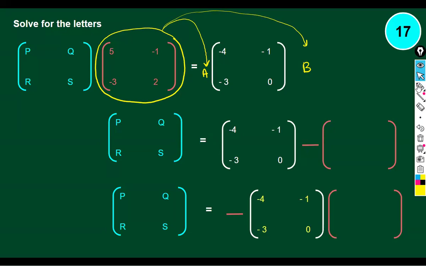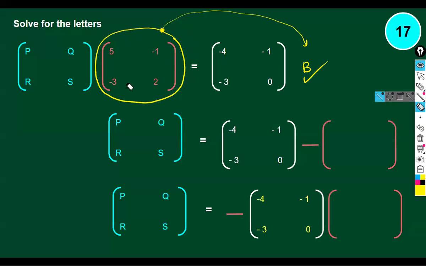So if I am throwing across the red matrix, it has to land in position B, because it has to jump across exactly one matrix.